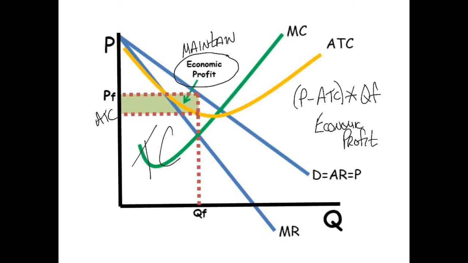Secondly, you may also be asked to distinguish the area where total revenue exists. Total revenue would exist in this shaded area because total revenue is derived by taking the price multiplied by the quantity.